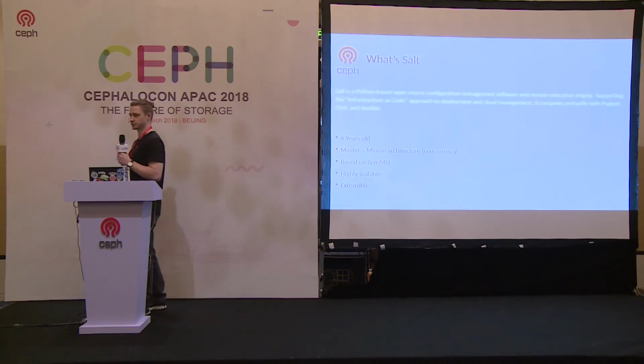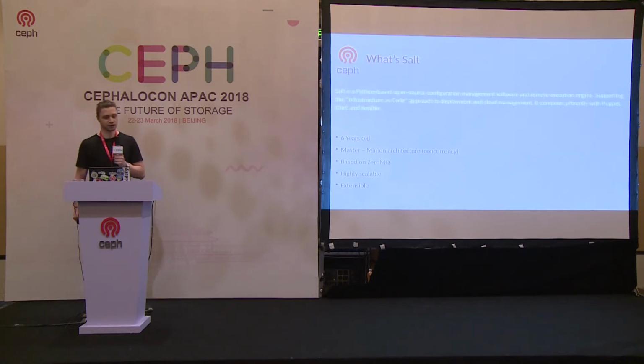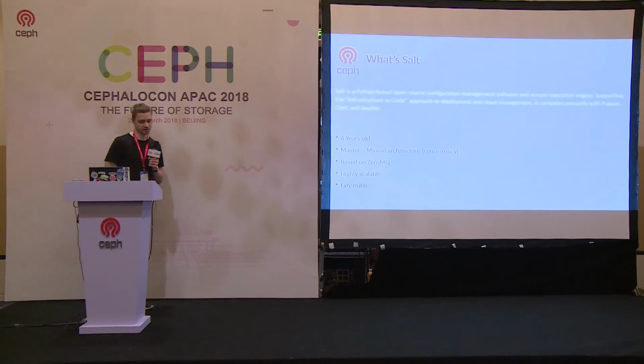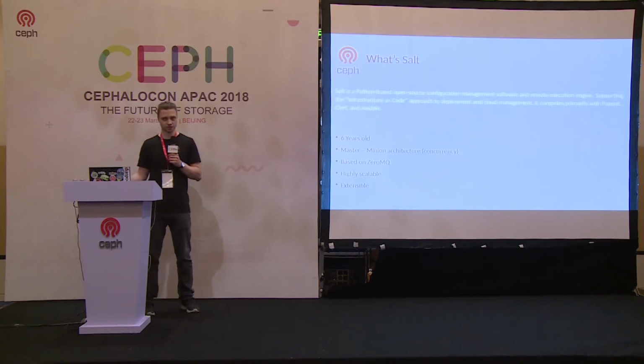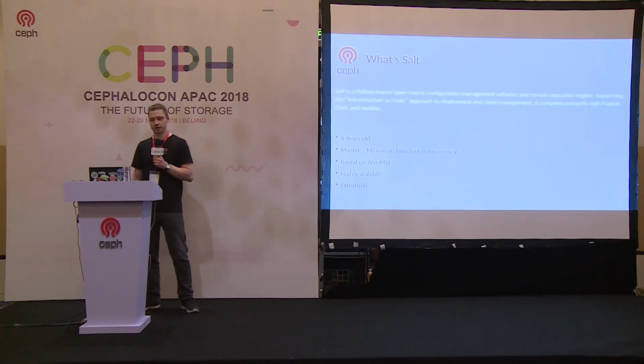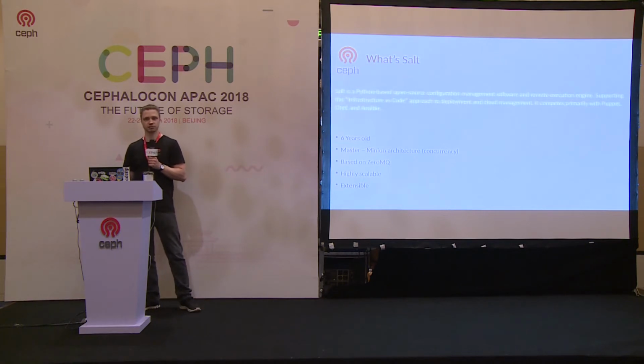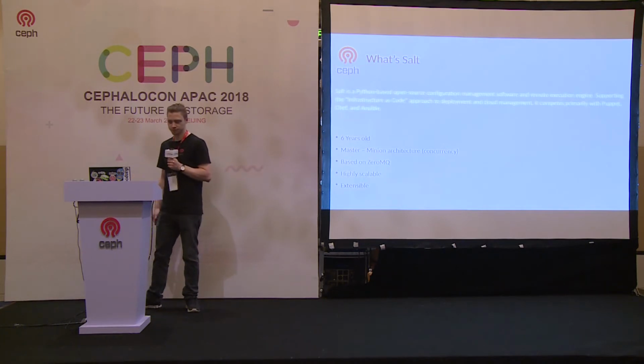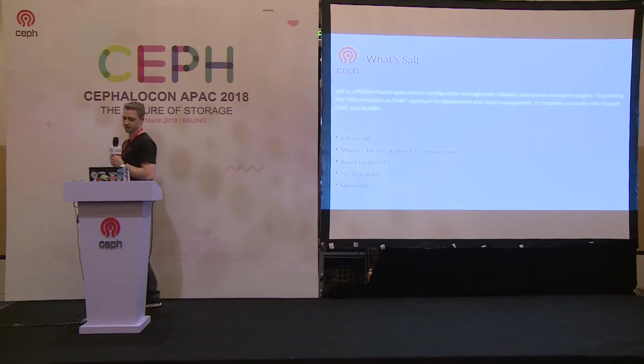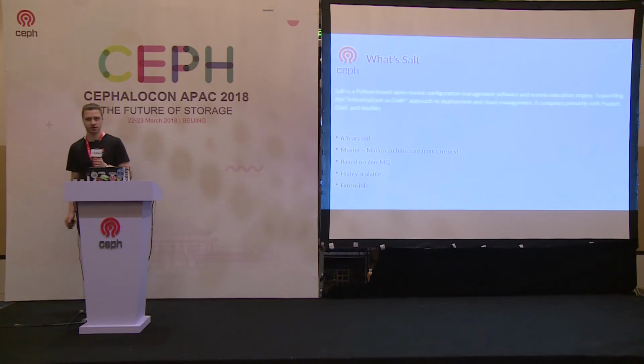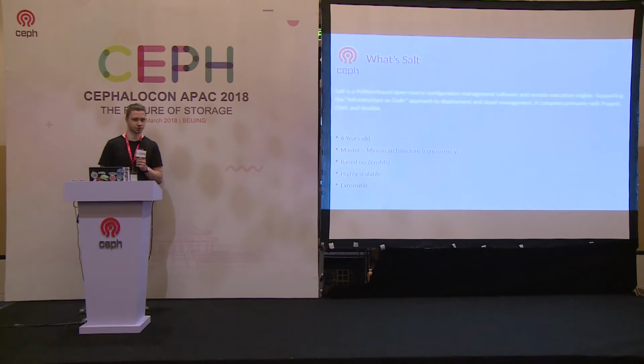You might know those kinds of software. It is 6 years old by now. It has a minion and master architecture, I will come to that, which helps with the concurrency. It's based on the 0MQ messaging transport protocol. It's also highly scalable and extensible, so that allows us to actually write our modules in Python on top of that.